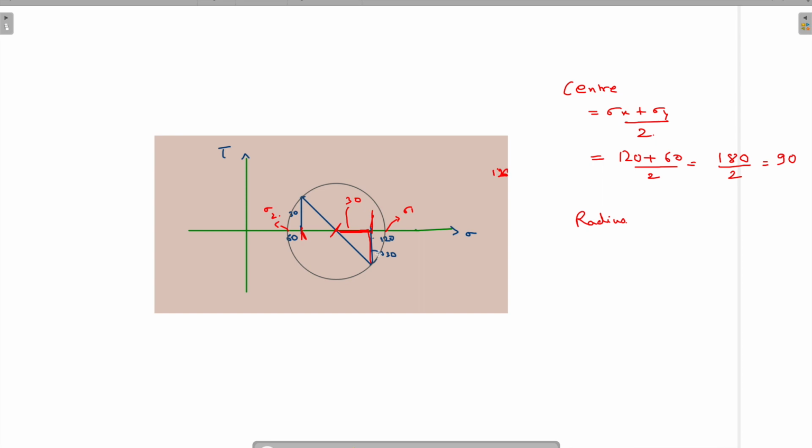This is 30 and this one is also 30. So the radius is very easy now. Radius is under root 30 square plus 30 square, that is 900 plus 900, that is under root 1800, that is 10 under root 18.